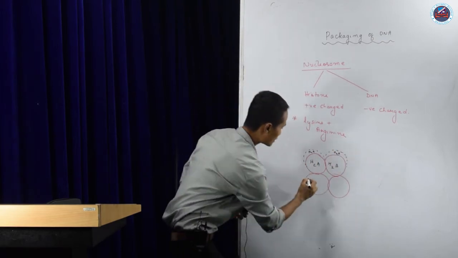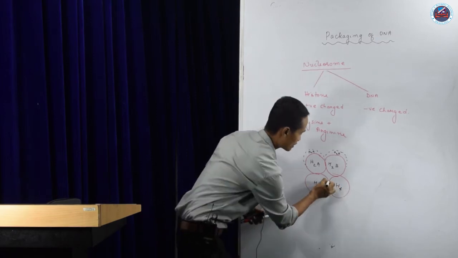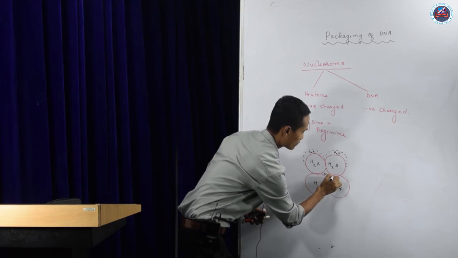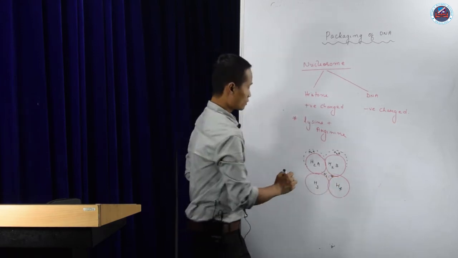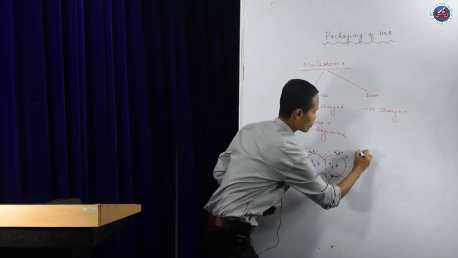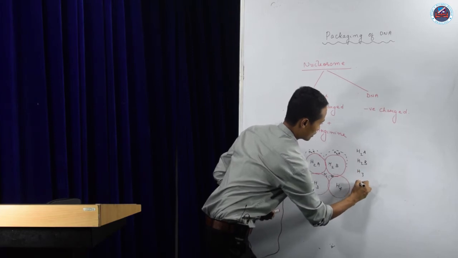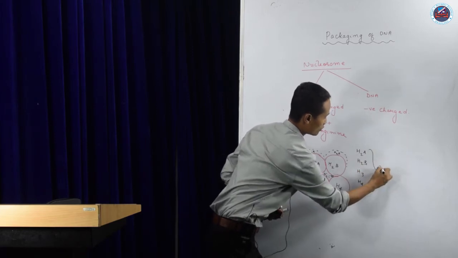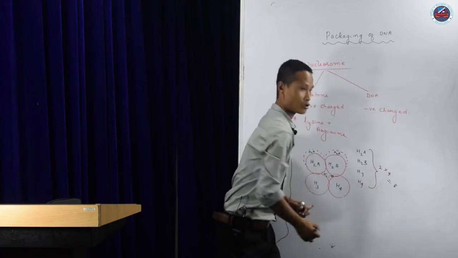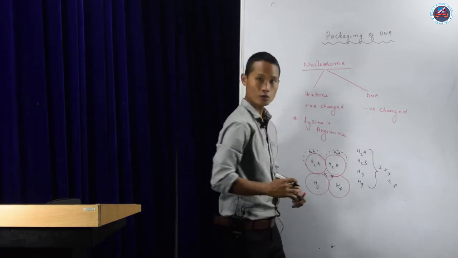Likewise, this is H3, this is H4, and there will be another H3 and another H4. So you get dimer molecules H2A, H2B, H3, H4. It will be multiplied by 2, you get 4, you get 8. So octamer means 8. This is about the histone molecule.